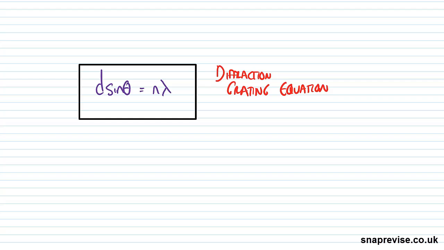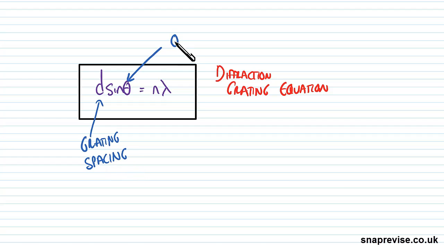So now for our final video on more advanced diffraction, let's just start again with the diffraction grating equation we just saw at the end of the last video. Remember that d was the grating spacing, that is the spacing between the slits.